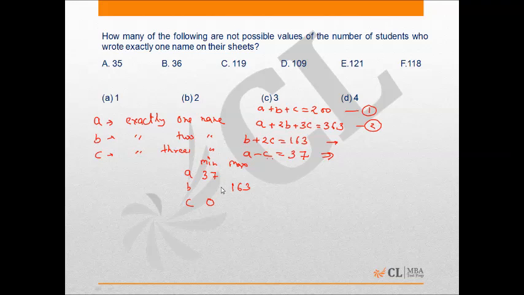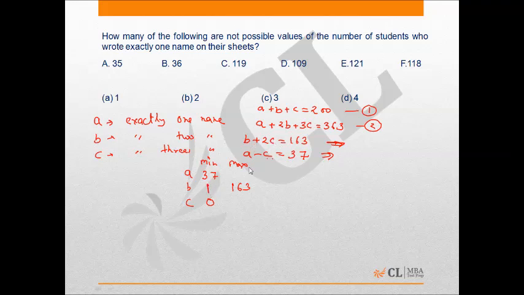Right. Similarly, if we see the minimum value of B here, B cannot be 0 in the second equation, because if B equal to 0, C will not be an integer value. But B and C have to be integers here because these are number of students. So the minimum value of B is nothing but 1.